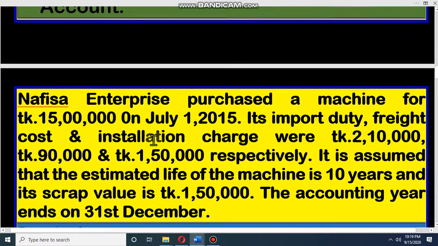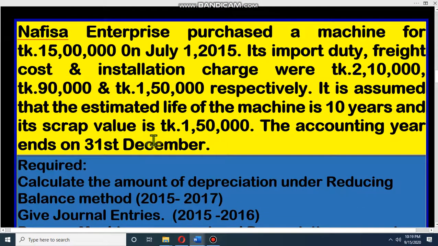Dear student, let's take a practical problem. We are taking a math from Nafis Enterprise. They purchased a machine for 15 lakh on July 1, 2015, and its import duty, freight cost, and installation charges are 2 lakh 10,000, 90,000, and 1 lakh 50,000 respectively.